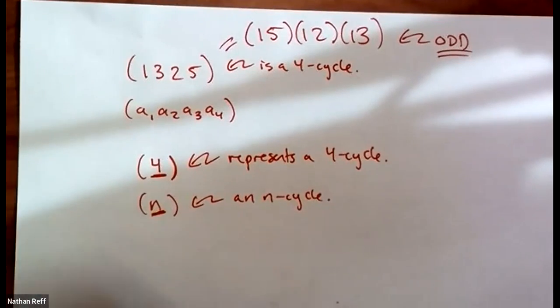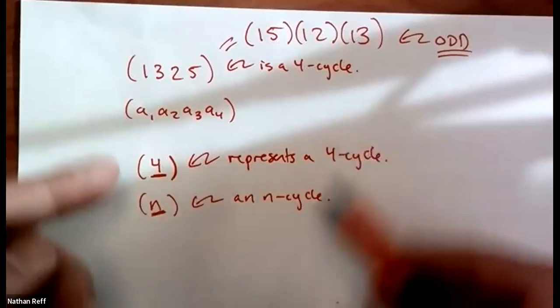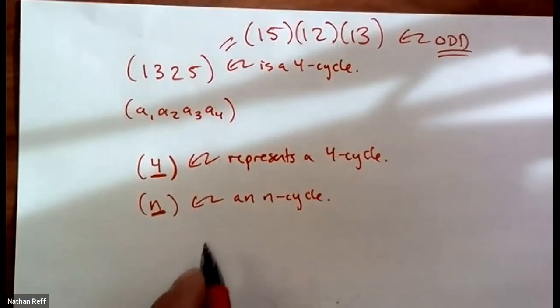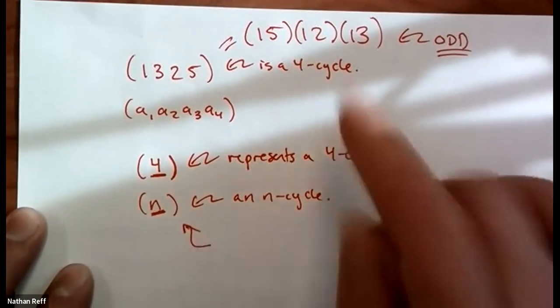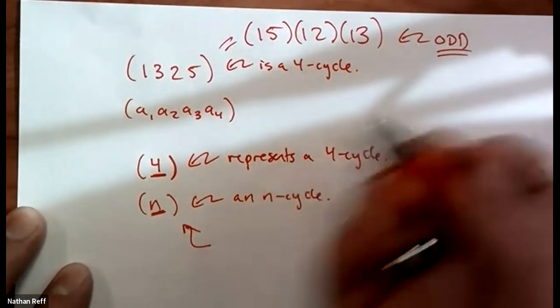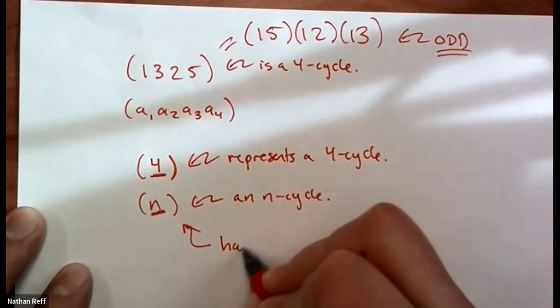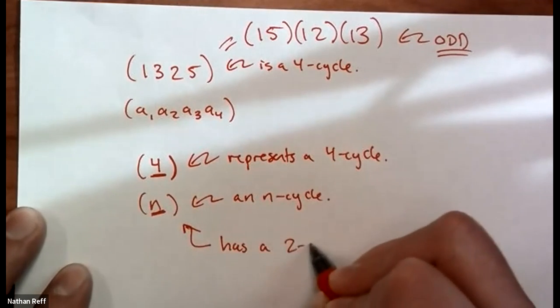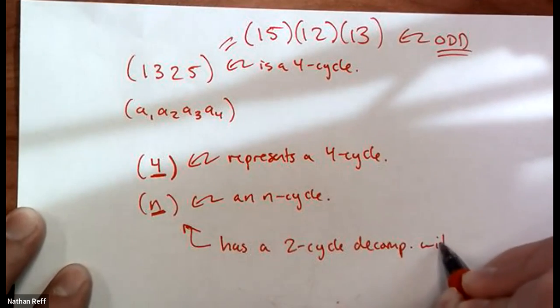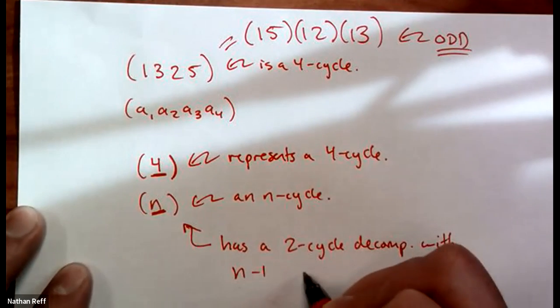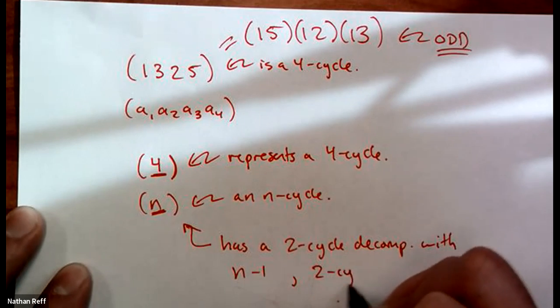So one thing you should immediately notice, in general, if you had an n cycle, then using this trick it would have a 2 cycle decomposition with n minus 1 2 cycles, right?